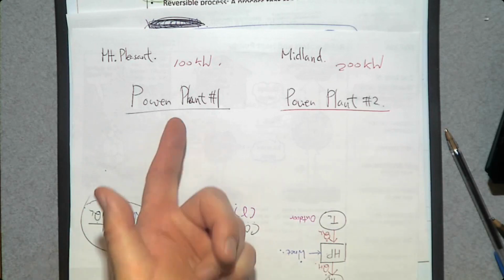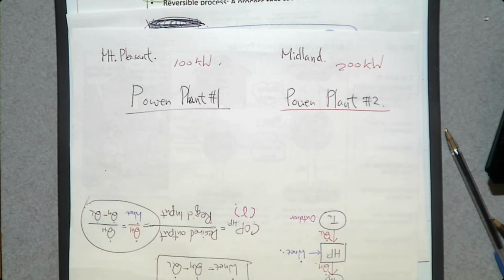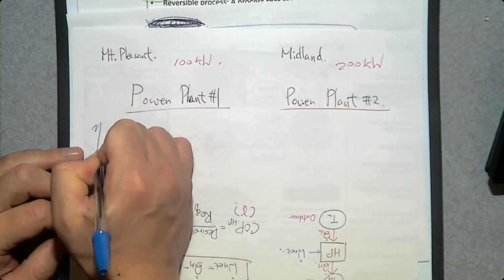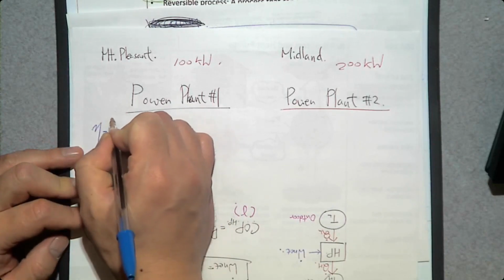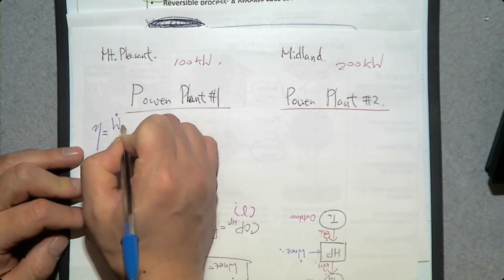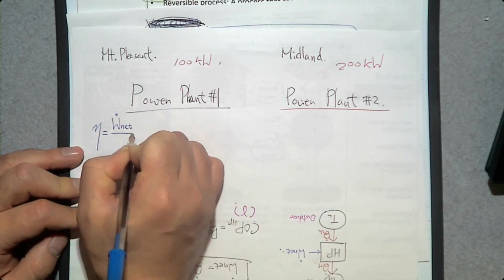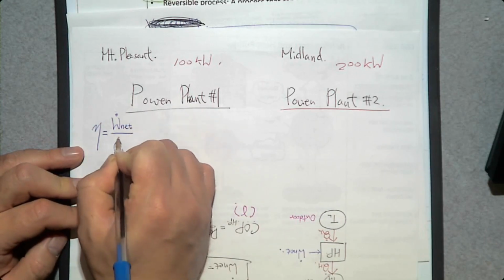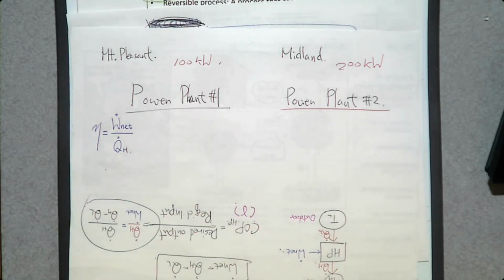So what is the efficiency of the power plant in Mount Pleasant? What does efficiency mean? It means that if you consume, let's say, this amount of fuel, how much electricity can you produce, right? So when you calculate the efficiency, how do you do that? Desired output, the power that you produce, over required input, the fuel that you need to burn, right?